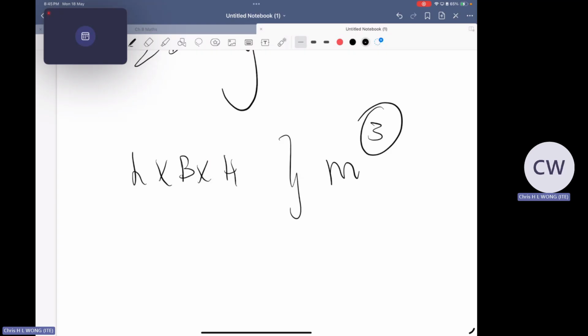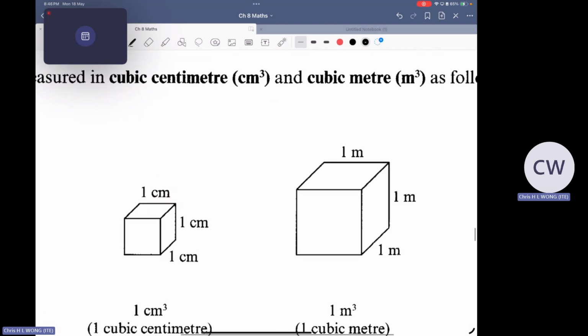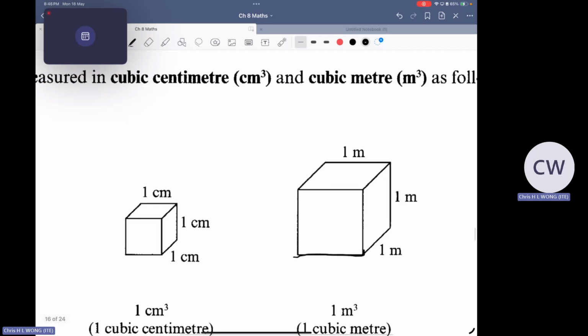Whether you're calculating the volume of a prism or a cylinder, volume is always cubed. If I ask you for the surface area of a box, you just calculate length and breadth, that's why you have meter square.